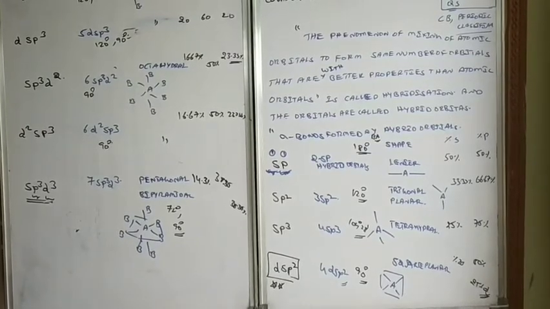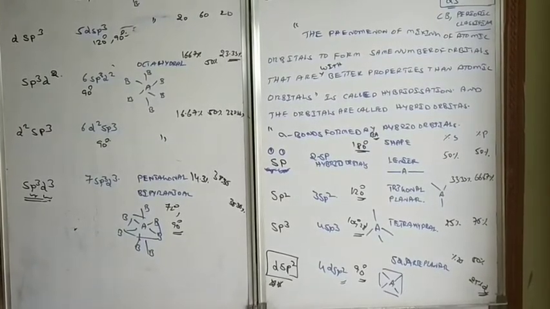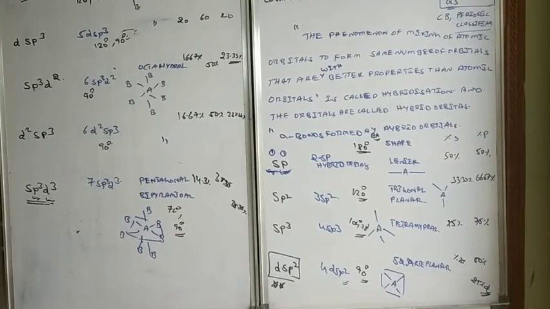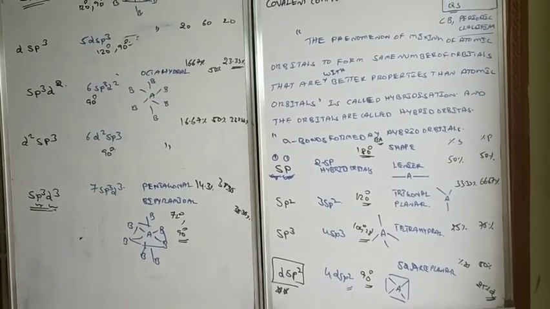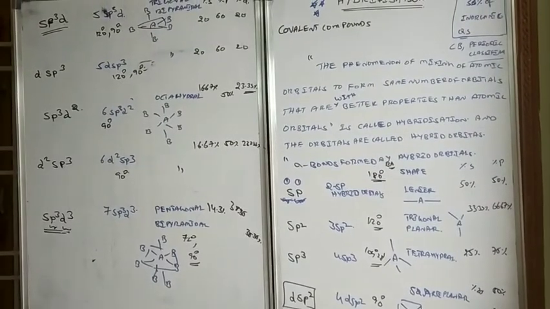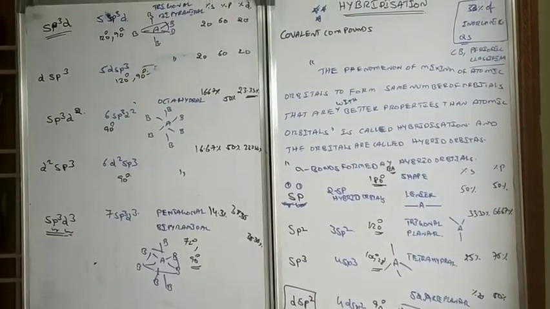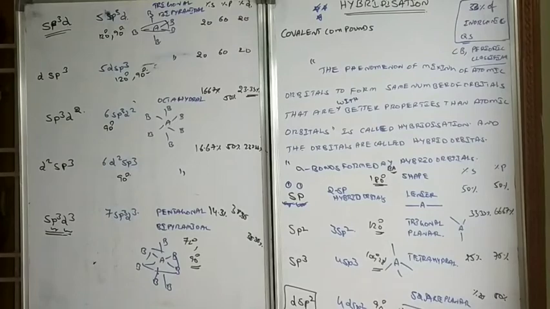Sorry, I didn't observe this. dsp2 hybridization, 4 dsp2, 90 degrees, square planar, and then 25, 50 and then 25% will come. I didn't observe that. Right, ma. Let us continue to the next thing.